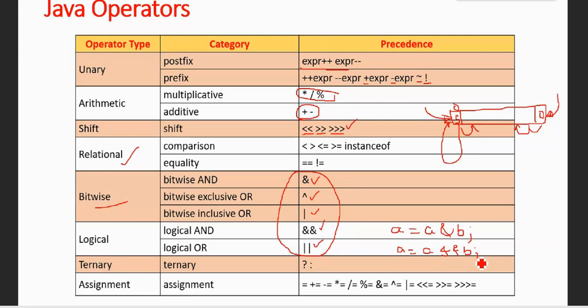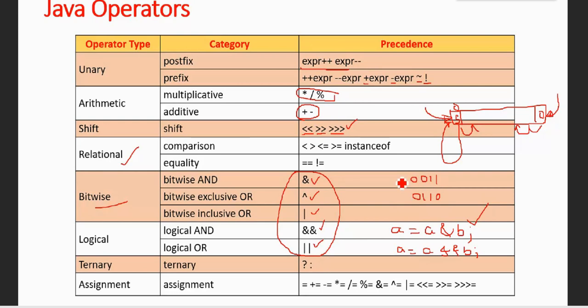Now see, when I write it with only one operator, we call this the bitwise AND operation. It will take the value of A. For example, assume the value of A in binary is 0011, and the value of B is 0110.